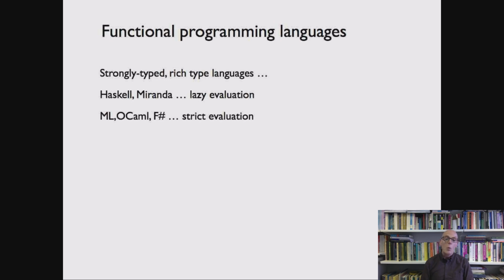Now, we have languages like Haskell and Miranda, which have what's called lazy evaluation. What that means is that evaluation of expressions is driven by demand. So instead of the traditional evaluation, called strict evaluation, where arguments to functions are evaluated as they are passed to the function, so before the function body is evaluated, in Haskell and Miranda, arguments are only evaluated when evaluating the body requires that.